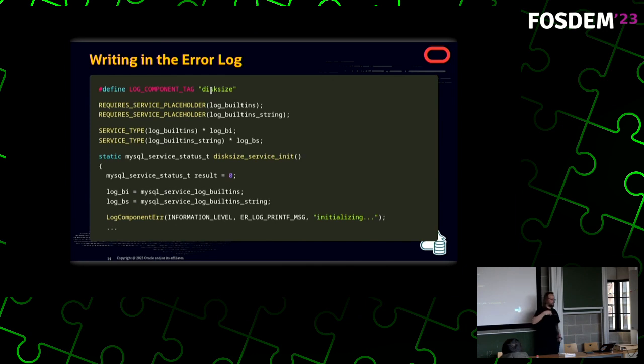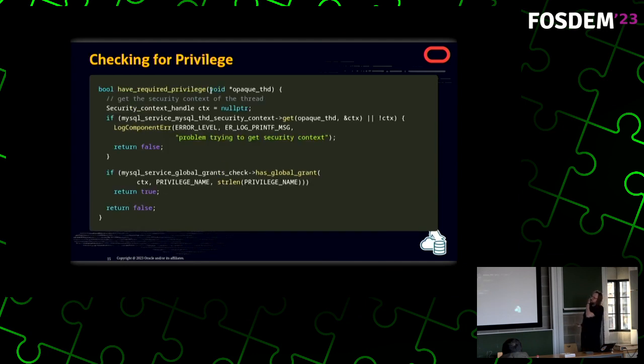So every time I load the component, I will have this. So this is how we do it. It's very easy. This is some code that you will reuse all the time, and then in your component, this is the message if you want to print an error message. Usually it's much easier than in a plugin.